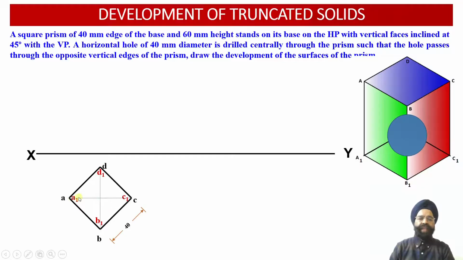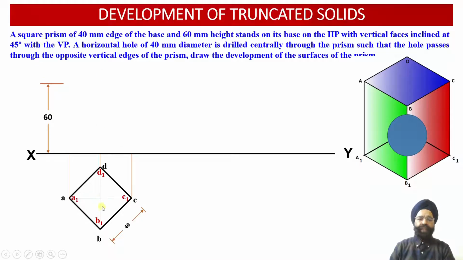let us obtain the axis point of the square prism. Here we have joined the diagonals A1C1 and B1D1. Wherever the two diagonals of the prism meet, we obtain the axis point corresponding to the square prism. Now we are going to obtain the front view projections corresponding to the square prism.